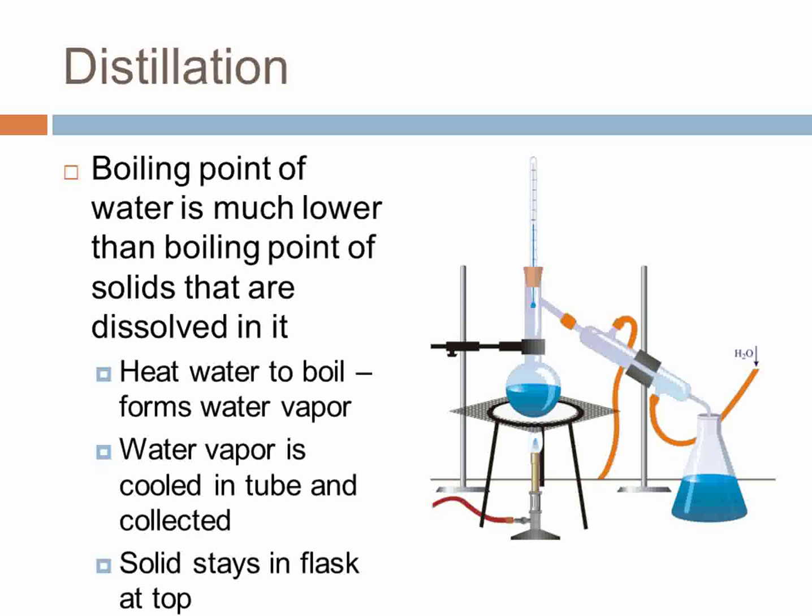Now remember that 100 degrees Celsius is where we turn from liquid to gas and from gas to liquid. So as it goes lower than that 100 degrees Celsius, it's going to turn back into liquid, and the drops are going to collect on the walls of our cooling tube. As they collect on the wall, they're going to gather up together and slowly drip down into our flask at the bottom. So what you'll wind up having is your salt is going to stay at the top, and you're going to have your water runoff in the bottom.